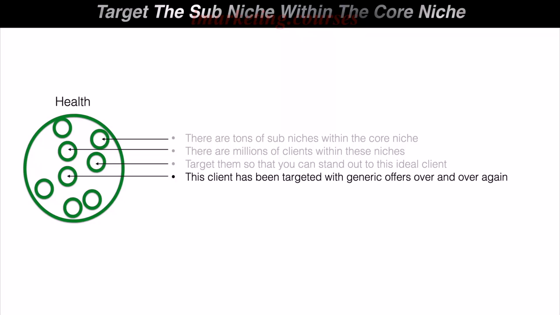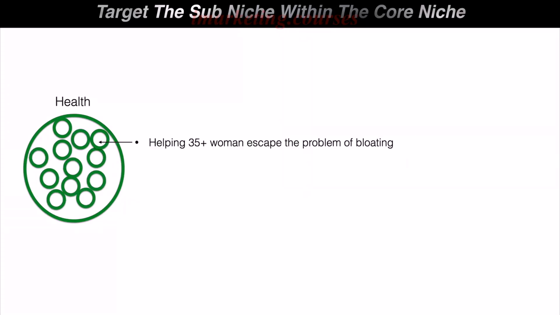This client has been targeted with generic offers over and over again, which means your offer can stand out because it's very specific to them. So for example, helping 35 plus women escape the problem of bloating. That's within the health niche, but it's a very specific niche. Makes sense? That's where we want to start. Helping 40 plus men escape the problem of no muscle.